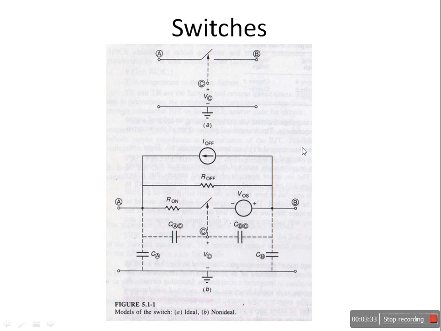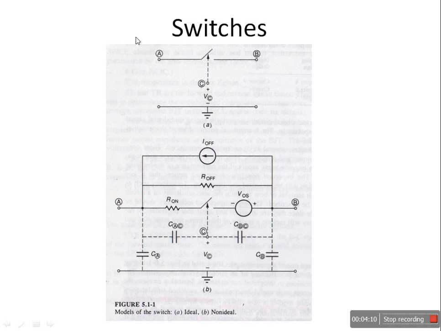See, no ideal switch exists. Ideally there should be no voltage across the switch when it is on, the on resistance of the switch should be 0 and the off resistance must be infinity. These conditions tell you that in the on condition there is no resistance, so no voltage drop across the terminals A and B, and the total current will flow.